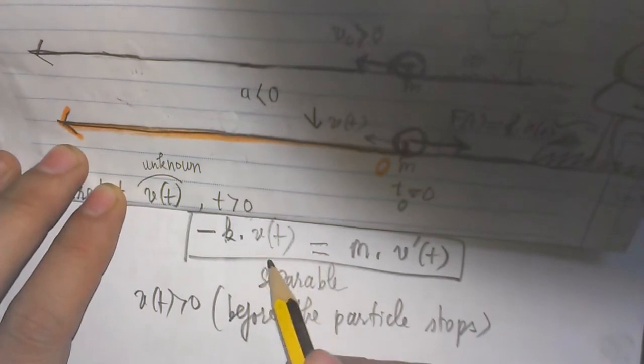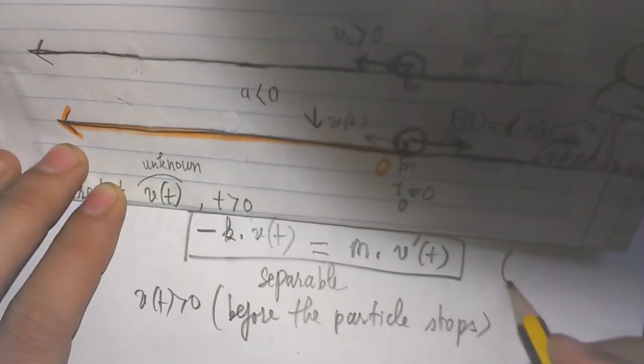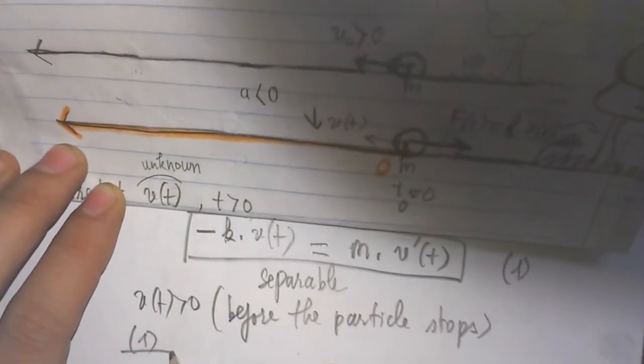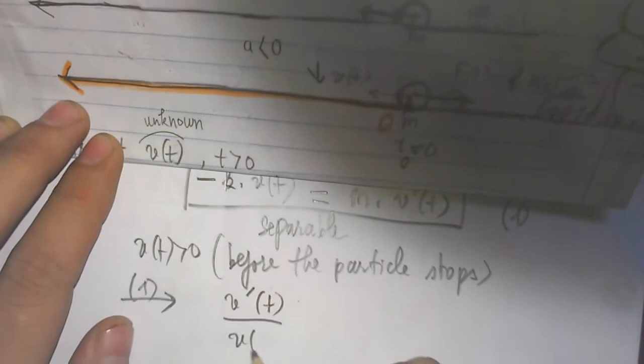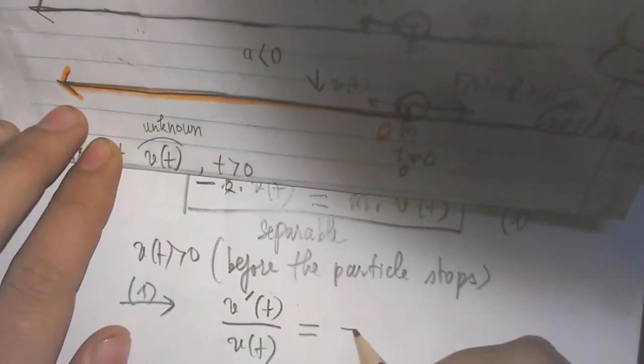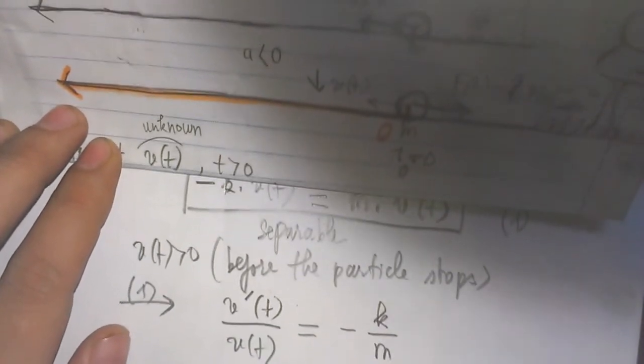So let's divide both sides of equation 1 by v(t), which is positive. From 1 we have v prime of t divided by v(t) is equal to minus k divided by m.